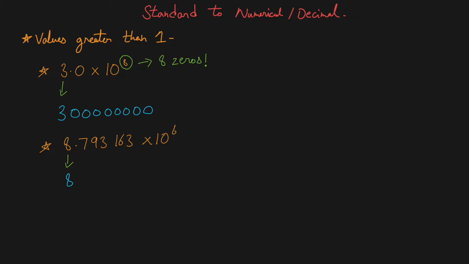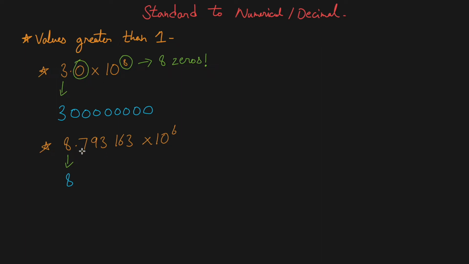As I told you before, there we had only 0, so that's why we neglected it. Here we don't have any 0; we have non-zeros: 7, 9, 3, 1, 6, 3. Even if we had zeros, we would not neglect them. It only applied there because only 0 was present, so we neglected it.